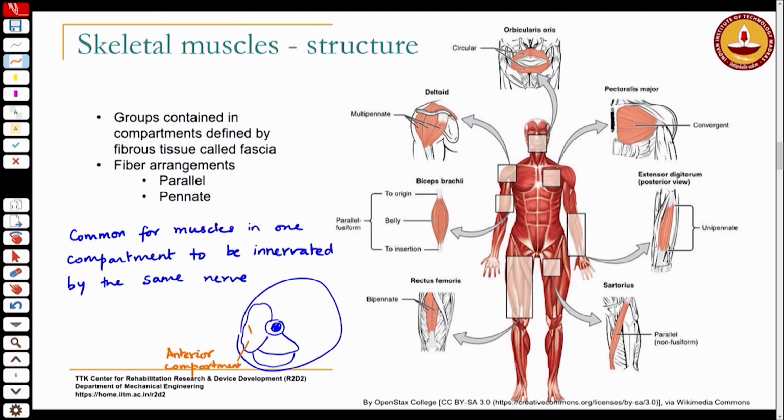So, you would have the vastus lateralis, the vastus medialis and the rectus femoris, and somewhere the intermedius also.